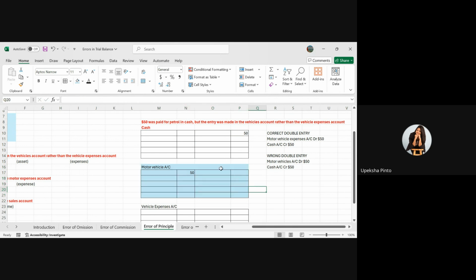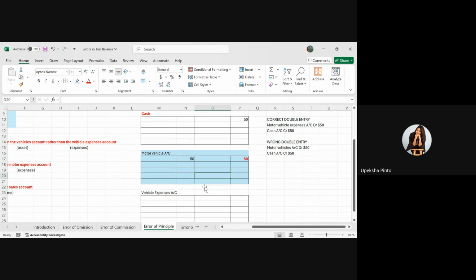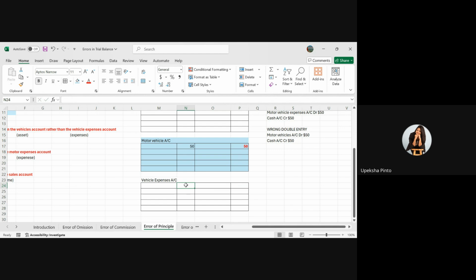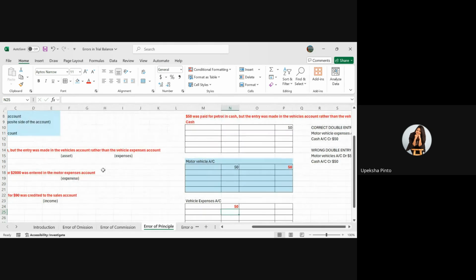So I had to remove from the wrong account. Removing means motor vehicle account credit, right? I'm removing it. And then I must put it to the correct account. What is my correct account? Motor vehicle expenses is the correct account. Then what is my double entry? I remove from motor vehicle, so the motor vehicle account is credited by 50, and I put it to the correct account, that is my motor expenses or vehicle expenses.